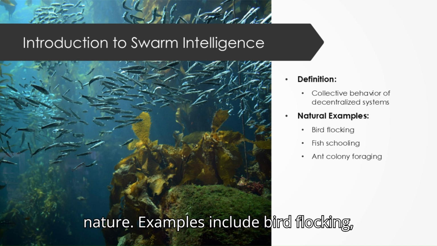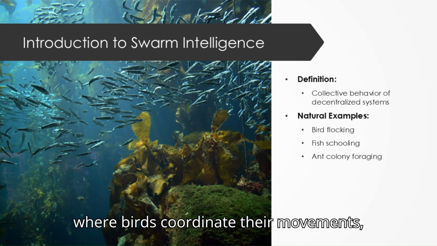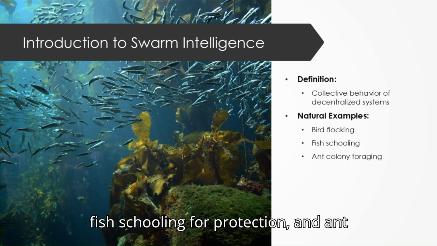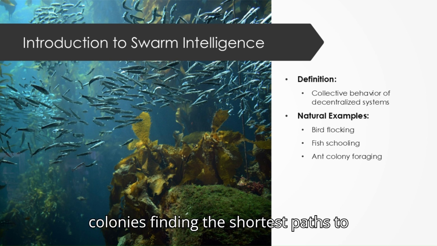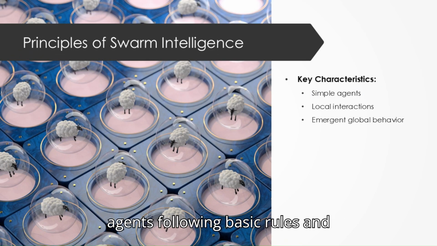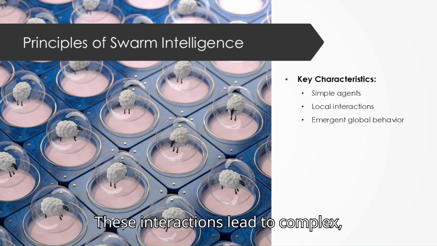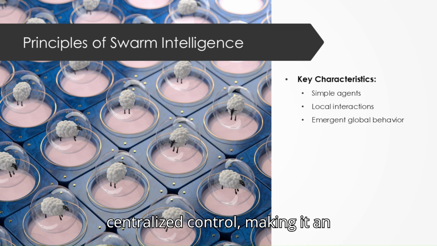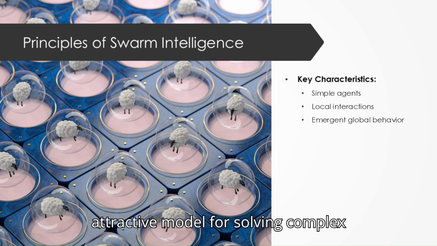Examples include bird flocking, where birds coordinate their movements, fish schooling for protection, and ant colonies finding the shortest paths to food sources. Swarm intelligence is based on simple agents following basic rules and interacting locally with one another. These interactions lead to complex, emergent global behavior without centralized control, making it an attractive model for solving complex problems.